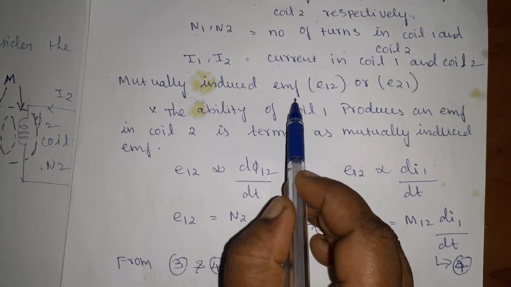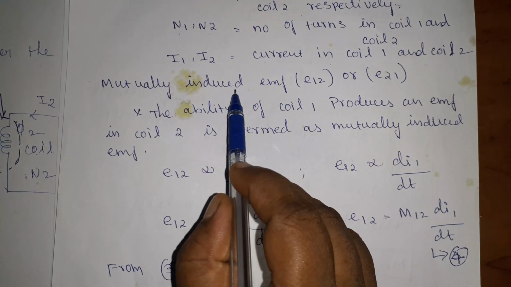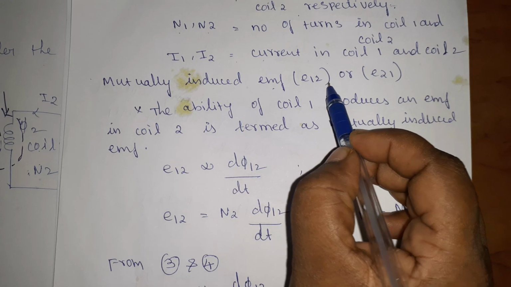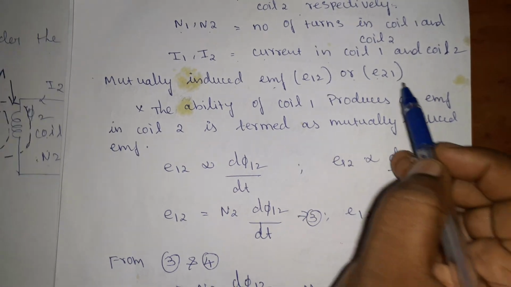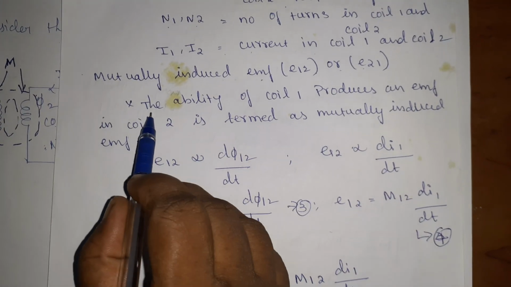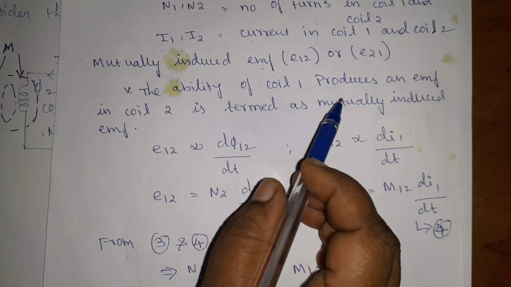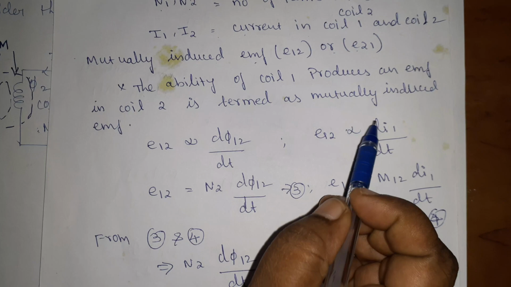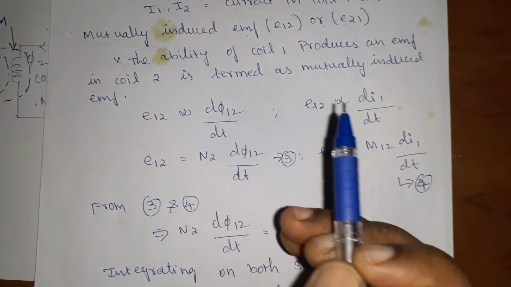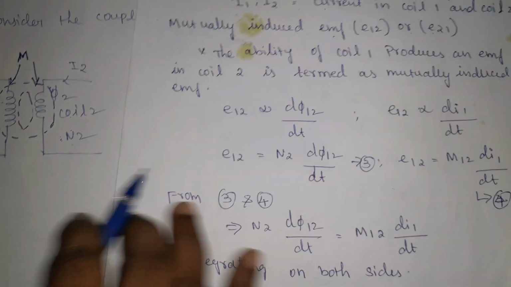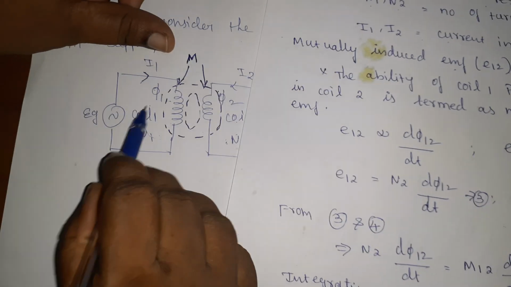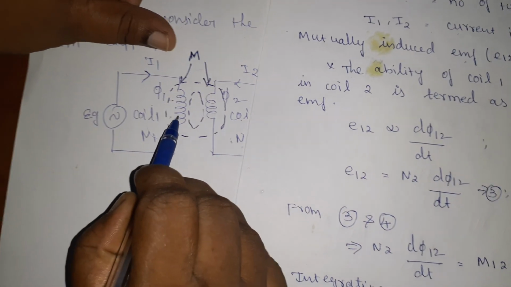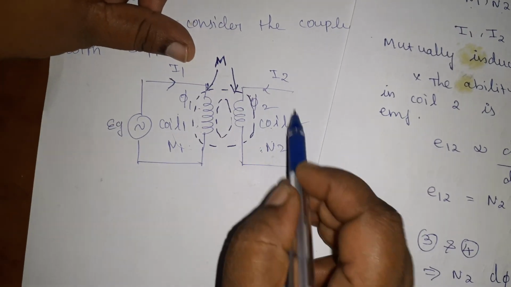Mutual inductance, mutually induced EMF E12 or E21. Consider the ability of coil 1 to produce an EMF in coil 2, which is termed the mutually induced EMF. Here the current flowing through coil 1 produces flux in coil 2.